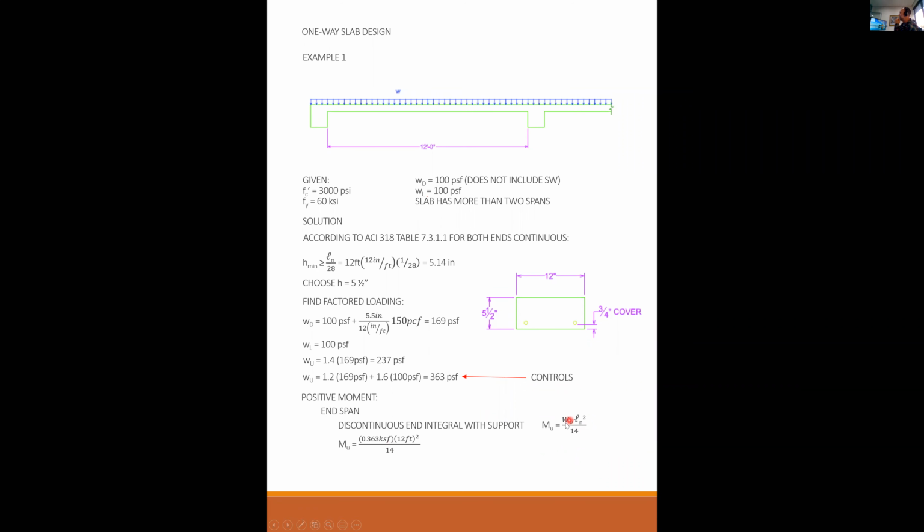So Wu is the 363 times 12 squared over 14, which gives me 3.73 kip-feet. Typically with these problems with one-way slabs, it's more appropriate and useful to use kip-inches. So we're going to convert that to 44.8 kip-inches. That's my maximum positive moment.